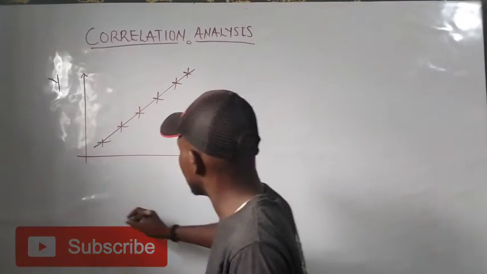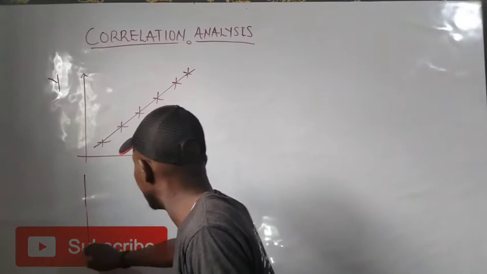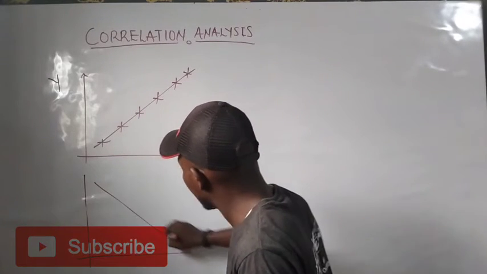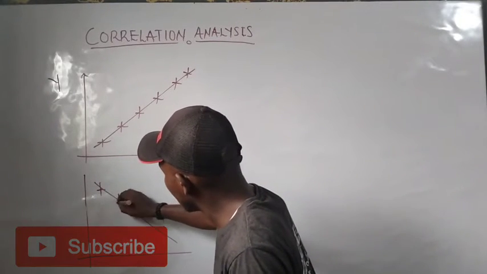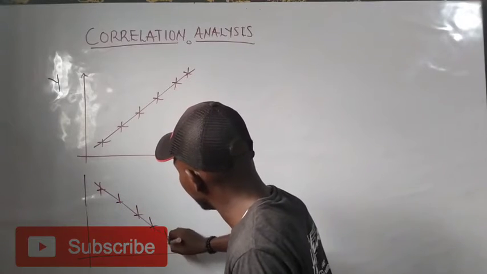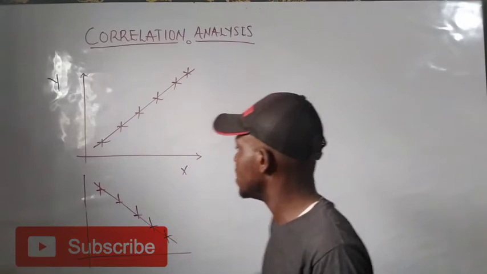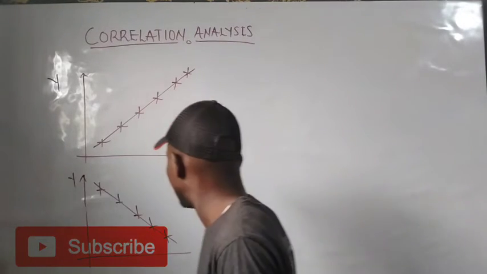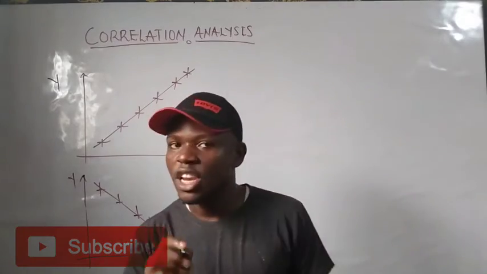Now, if it goes the other way around, such that I have my line coming in this manner, and all my dots are falling perfectly on the line, then this is referred to as my perfect negative relationship.